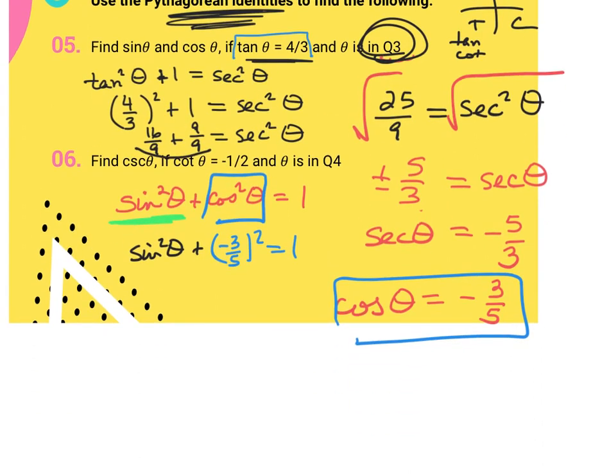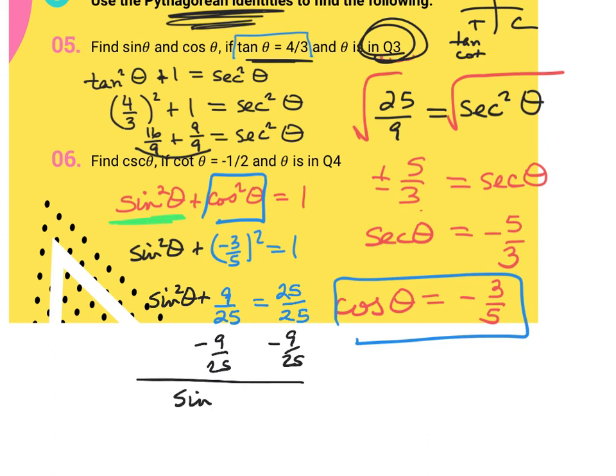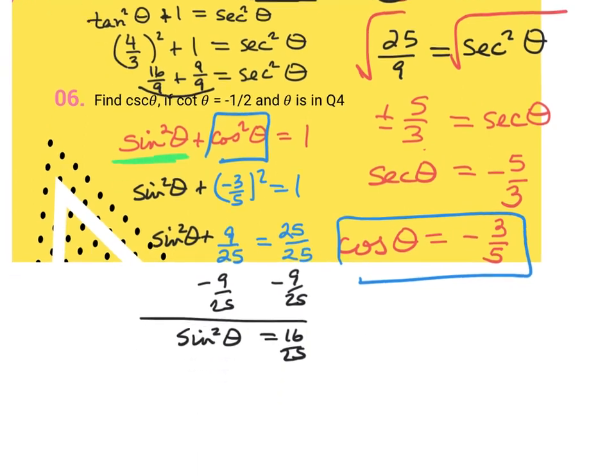Negative 3 over 5 squared is 9 over 25. I'm also going to change my whole number 1 into 25 over 25. Because now I need to subtract 9 over 25. Sine squared theta equals 16 over 25.